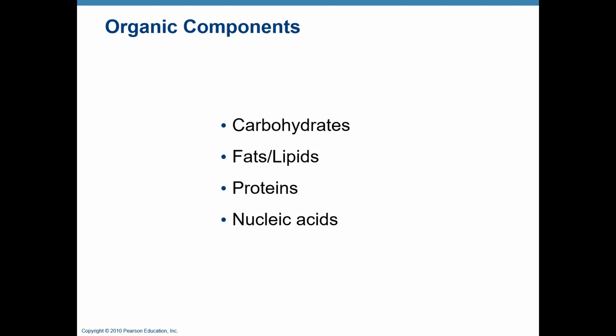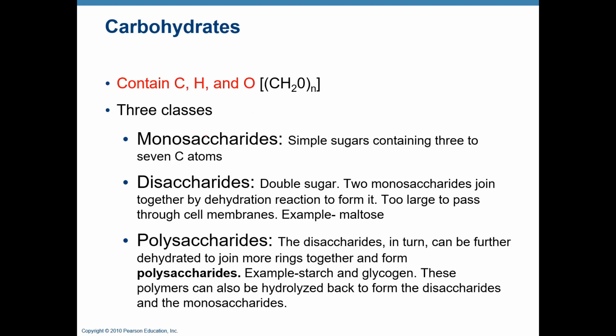Now the organic compounds are carbohydrates, fats, proteins, and nucleic acids. Carbohydrates can be of three types: monosaccharides, disaccharides, and polysaccharides. The simplest form is the monosaccharide, and the best example is glucose. So glucose is the simplest and smallest carbohydrate molecule.